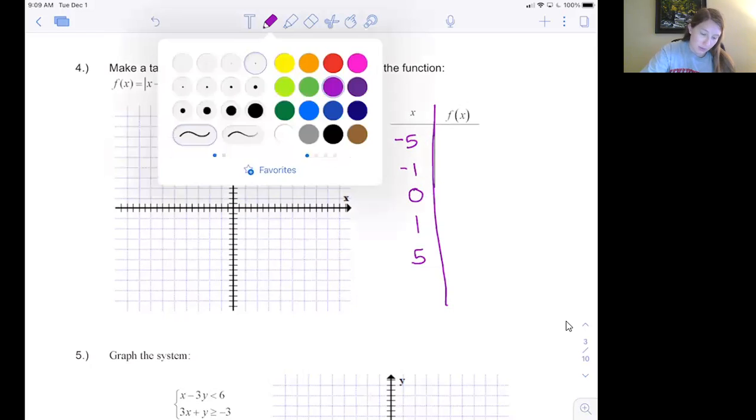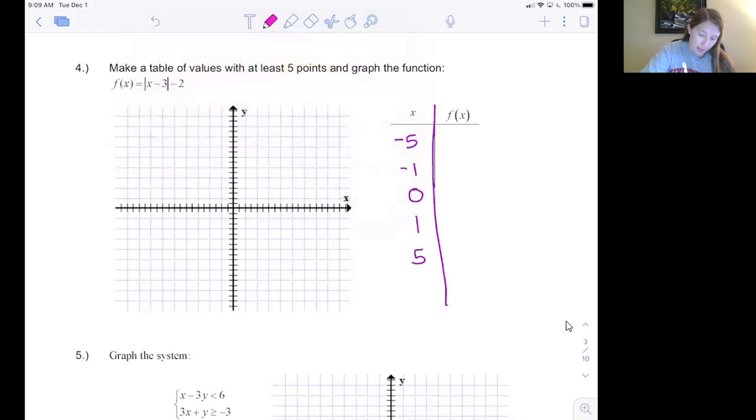So now all I'm doing is for this -5, I'm just plugging it in for x, because I'm saying -5 minus 3 absolute value minus 2. Now, -5 minus 3 is -8. So the absolute value of -8 minus 2. And the absolute value of -8 is just +8 minus 2. I should have written this somewhere else.